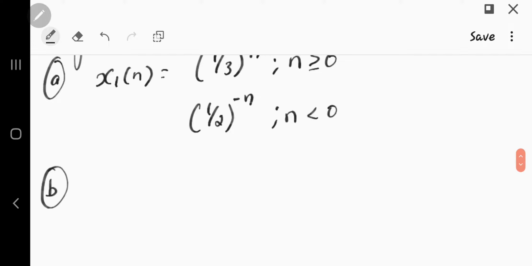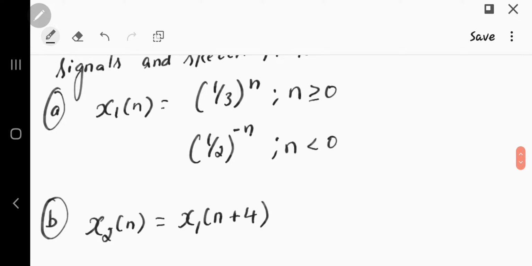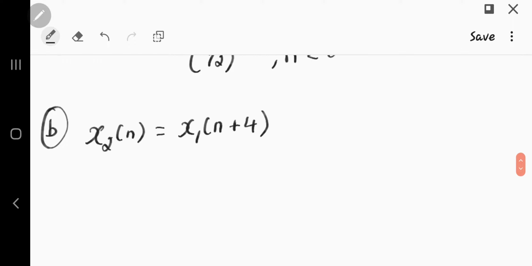Now the second signal is x2 of n is equal to x1 of n plus 4. Now observe this, x1 of n has a signal for two different time limits. Now x2 of n is equal to x1 of n plus 4, that is, x2 of n is the time shifted version of x1 of n. So that you have to remember. Now let's start solving this.